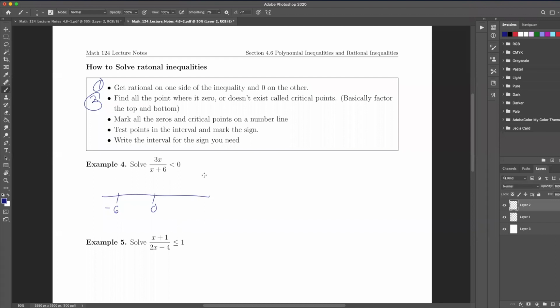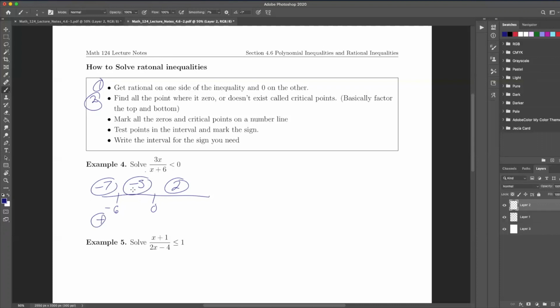Now we're just going to test points like we did last time. So this will be -7, -5, just because that's easy for me to crunch through, and 2. And just figure out what my signs are. Let's start with -7. If I have -7 here, the bottom's negative and the top's negative, and a negative over a negative is positive.